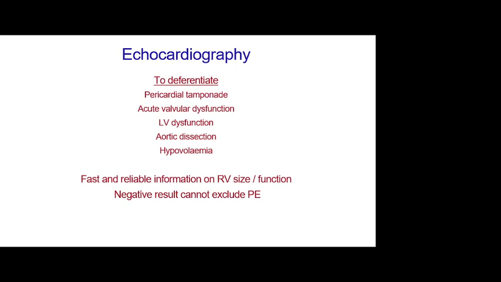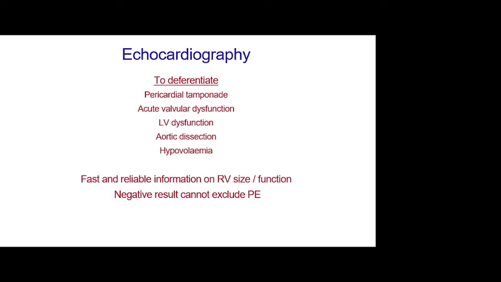Then the most commonly used test, echocardiography. It is very useful in pulmonary embolism. First, it can differentiate from similar conditions, the differential diagnosis. If patients present with chest pain and haemodynamic instability, we can happily exclude pericardial tamponade, valvular dysfunction, LV dysfunction, aortic dissection, and hypovolemia with the echocardiogram.